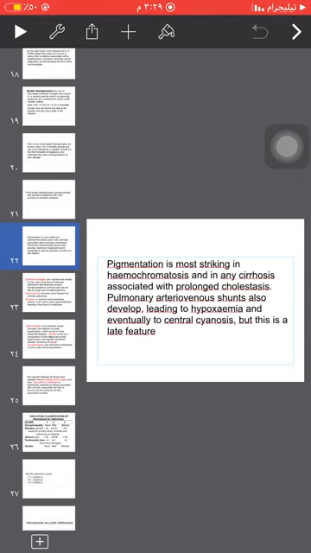Pulmonary arteriovenous shunt also develops, leading to hypoxemia and central cyanosis, but it is a late feature. يعني راح يصير عندك arteriovenous shunt بالpulmonary ويؤدي لك إلى central cyanosis.